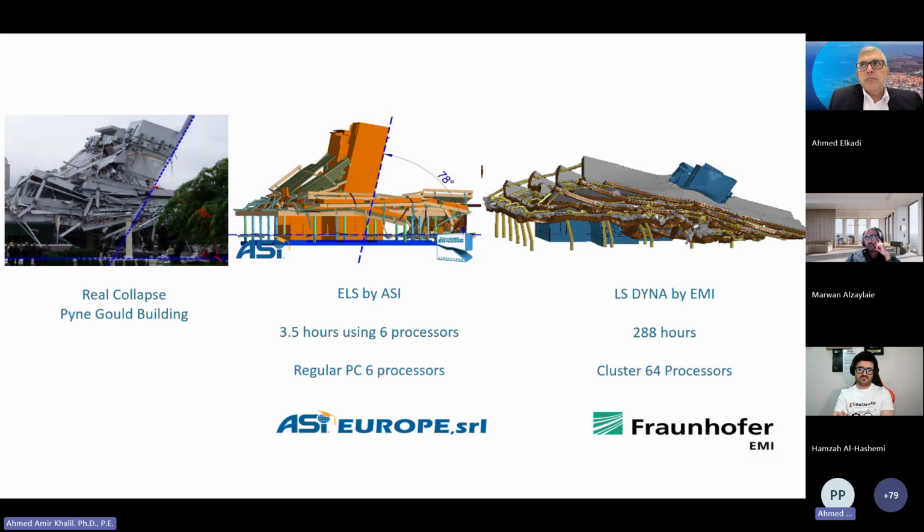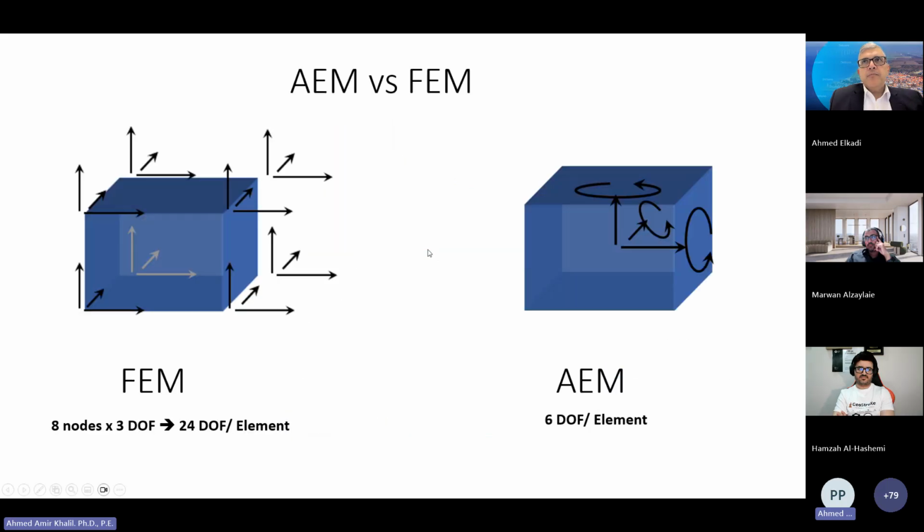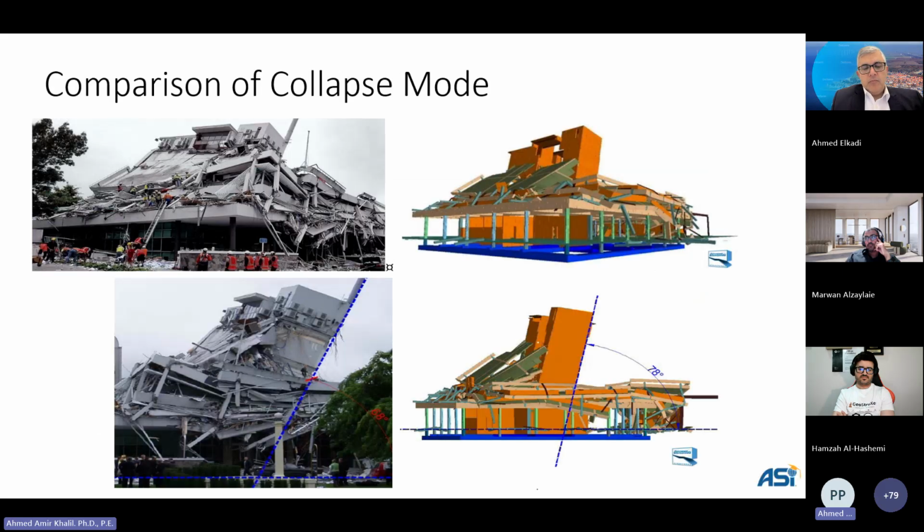So the challenge is how to do the collapse modeling, how to perform refinement of the collapse modeling within a practical time frame. So that's how it started, and that's the kind of advantage that we have with the applied element method because of the reduction in the number of degrees of freedom for every element.